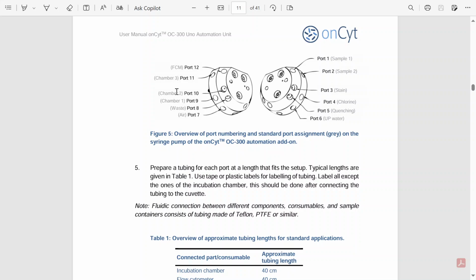And I can make use of chamber 2 and chamber 3 for different purposes. For example, I increase one more staining here, I add one more sample here, right? So what I'm trying to say is you can somehow redesign the tool to increase the number of samples or increase the number of stainings.